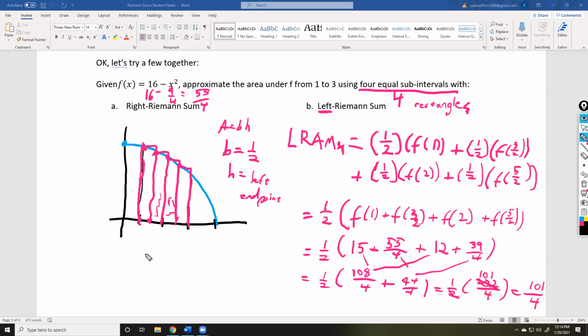If you're curious, again, we're approximating an answer here. The actual answer is going to be 70/3. And later on this week, we'll talk about how to do this.